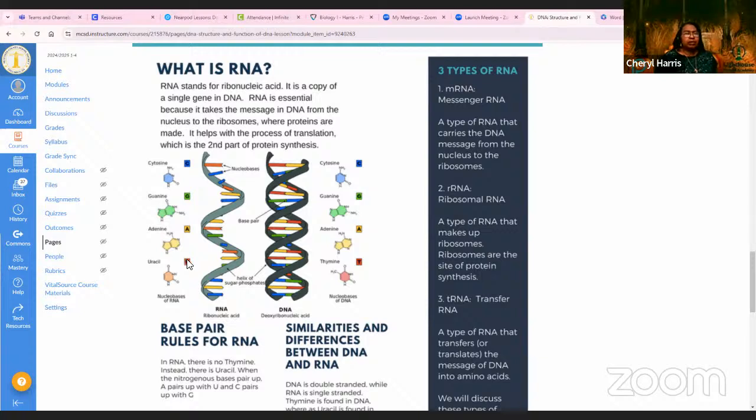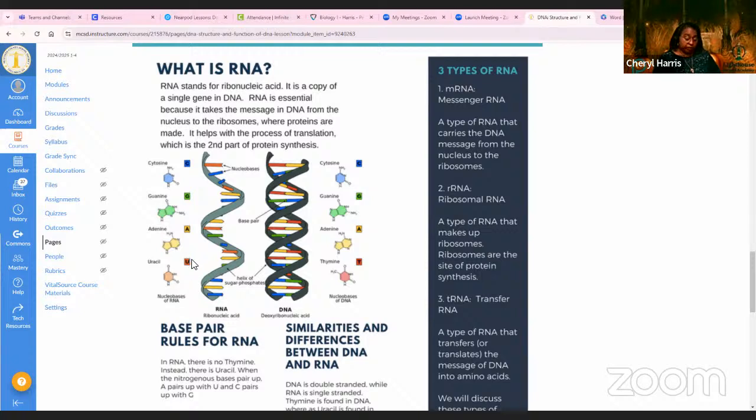So there is no thymine in RNA. Okay. But A is supposed to bind with T. So now uracil on an RNA will take the place of T. Okay. So it's still going to be the same base pair, except it's a different nitrogenous base. But when we get to pairing, it will still pair.